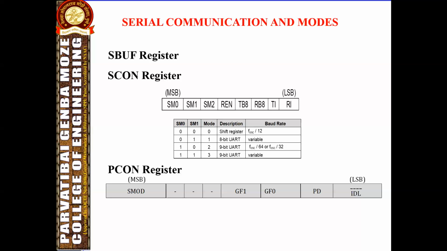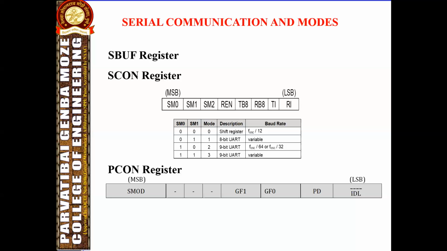Serial data transfer may be sent in two ways: one is synchronous and the other is asynchronous. Asynchronous serial data communication is widely used for character-oriented transmission.